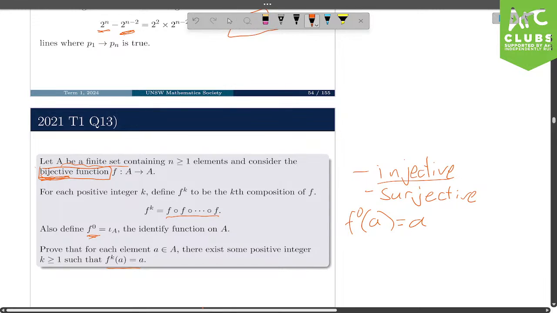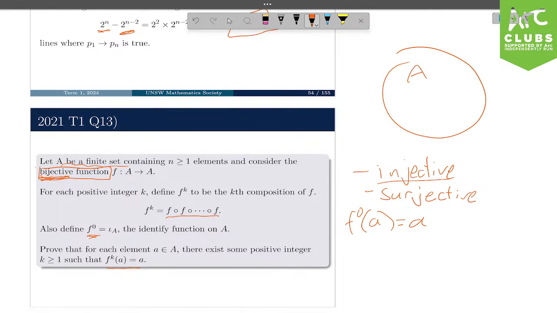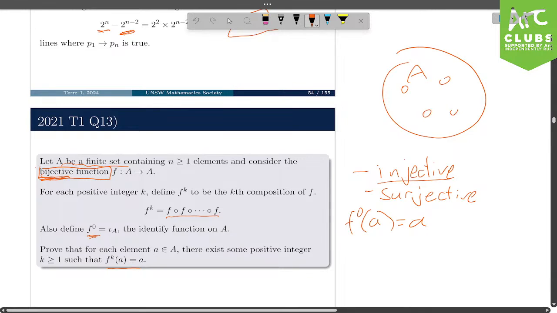So we're going to try and look at what the set A looks like under a mapping of F. Let's say I have some elements in A. I'm going to represent them as dots. Imagine I'm drawing some lines over. This line here means that this element of A under F goes here. So this is A, and this is F of A. And note that F goes from A to A. So we're going to draw a line to represent a mapping.